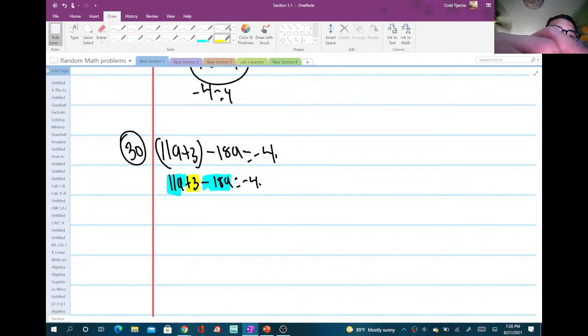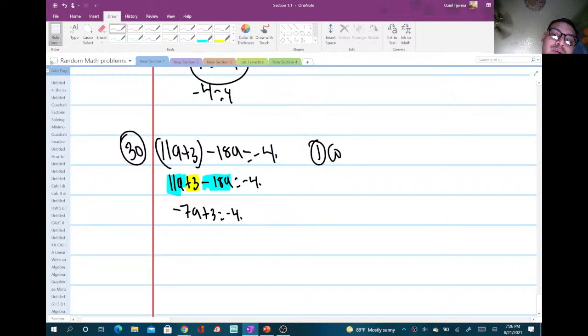So 11a minus 18a is negative 7a, and then we have plus 3 equals negative 4. So number 1, combine like terms.